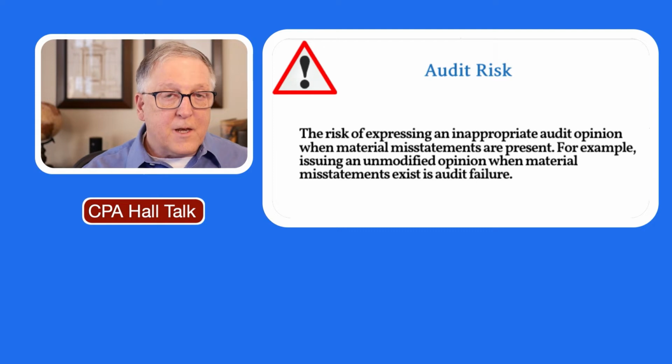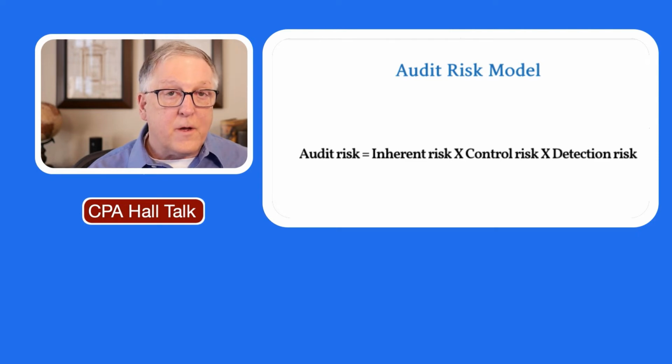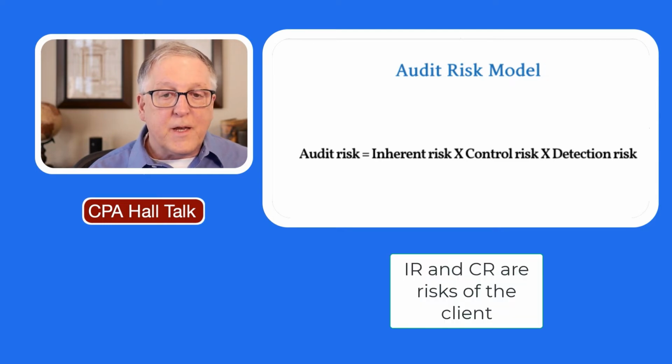And we need to see that there's three components of this risk. And here they are. The audit risk model is made up of 1, inherent risk, 2, control risk, and 3, detection risk. One thing I want you to understand is the first two of these elements, you as the auditor don't control.